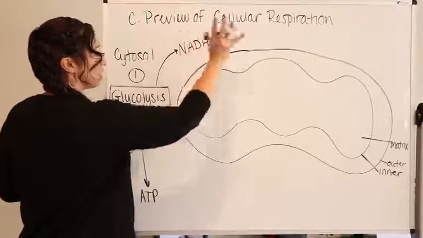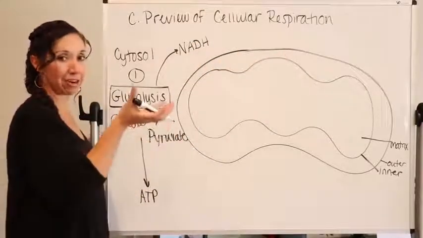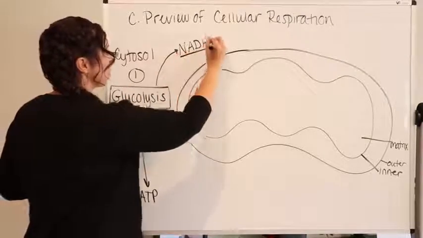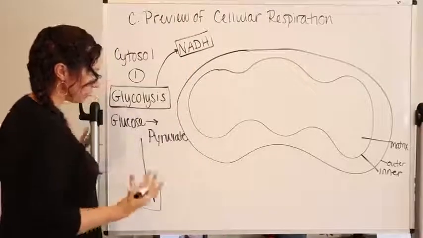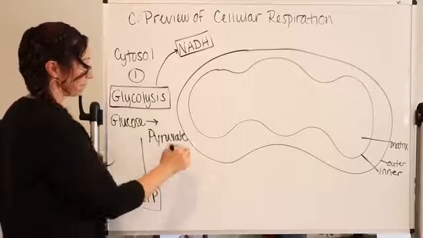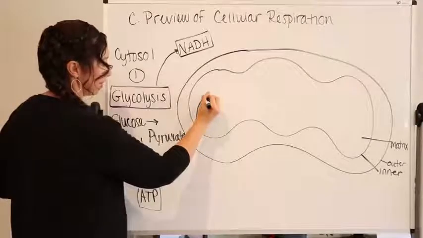NADH is going to go to work later, but right now it's just climbing up that ladder to get up the slide. So we'll keep NADH here, ATP here. These are things that get made during glycolysis. Pyruvate. Now that pyruvate's made, it's going to enter into the matrix.